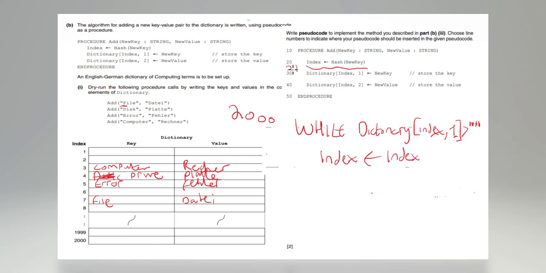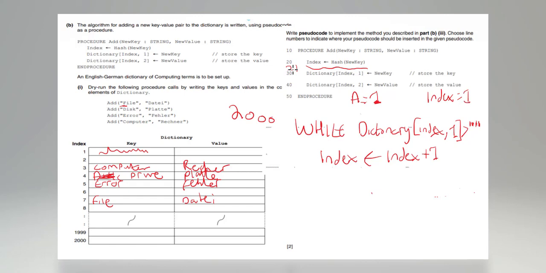index plus 1. So remember, if we type in A, and A is, after we do our hash, A becomes 1. And we check 1, but 1 isn't empty. We're going to change it so that our index no longer is 1.